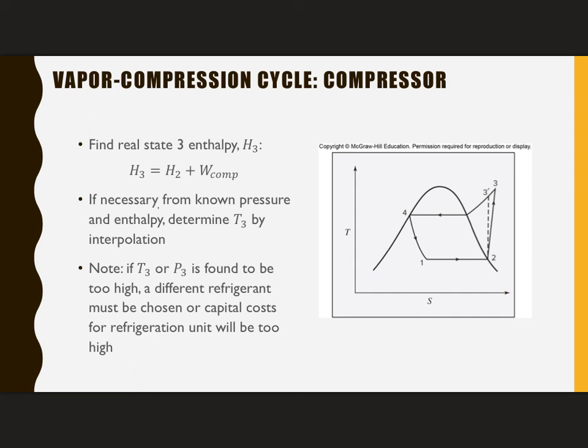The danger to the user, if something were to fail, would be very serious. And so at this point you may just abandon the calculations you've been doing and say, okay, this isn't going to work. I need to work with a different temperature for T3, or I need to work with a different refrigerant. Something is going to have to change in our design.